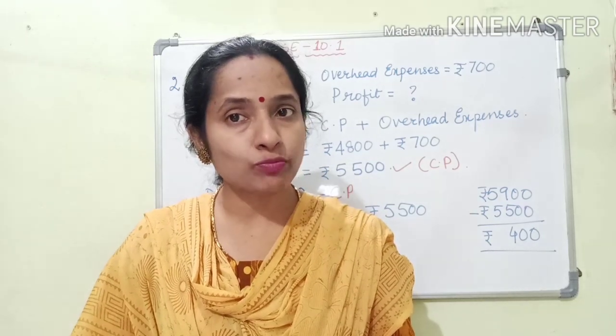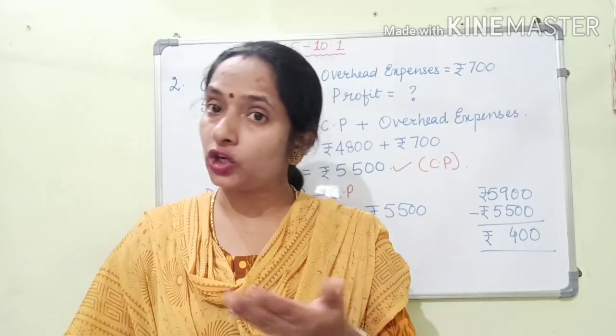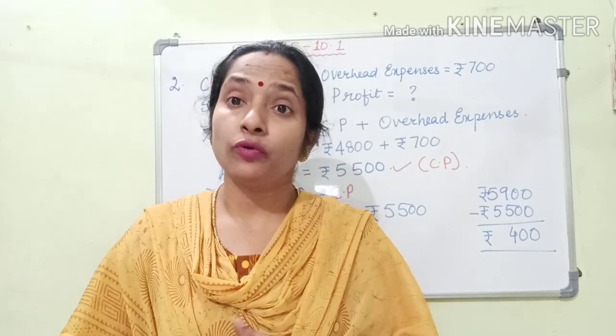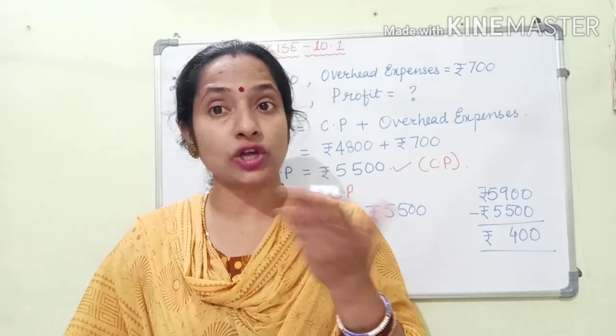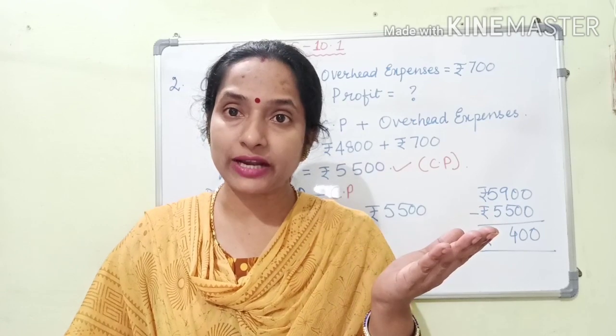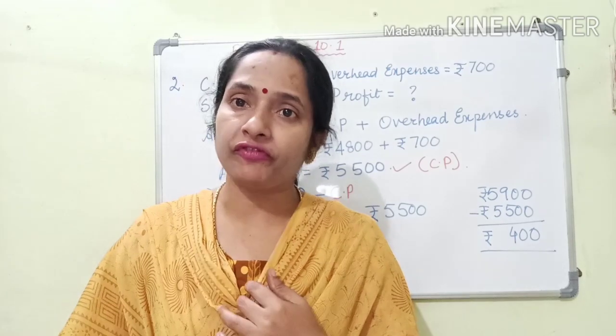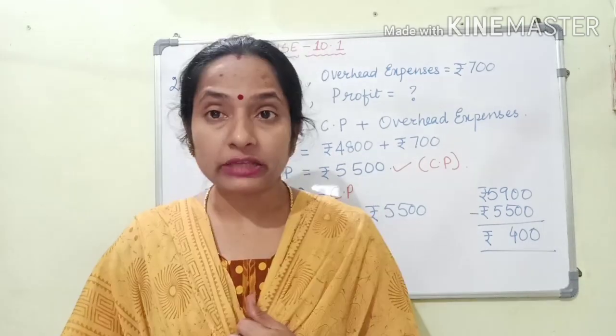Now tell me which is more, selling price or the cost price? The selling price is more than the cost price, that is 480 is more than 350. Now what do you have? We have a loss or we have a profit. When the selling price is more than the cost price, we have a profit.